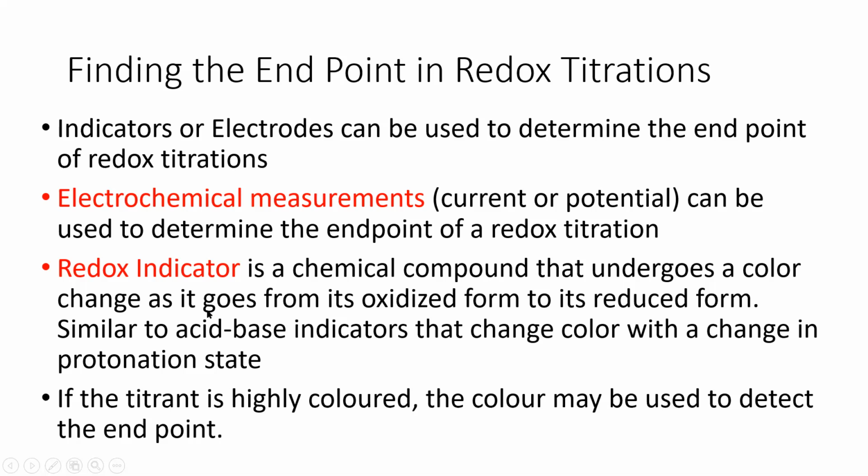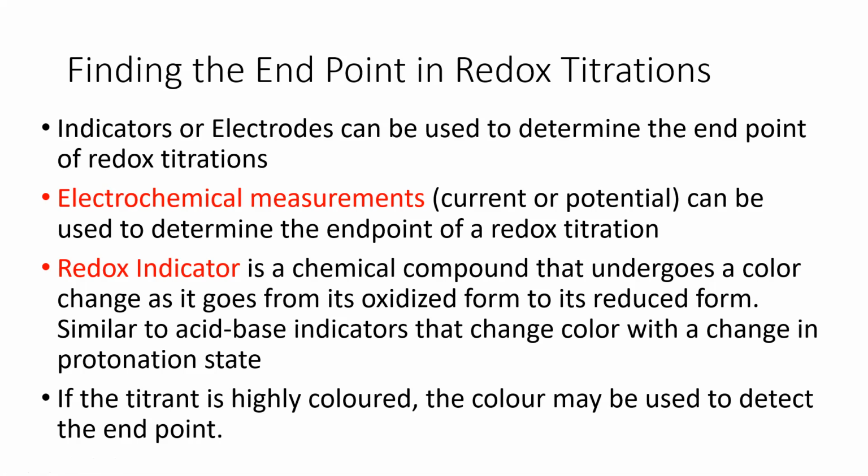So what are these redox indicators? They are chemical compounds that undergo a color change as they go from their oxidized form to their reduced form. It is very similar to acid-base indicators, where the color changes as protonation occurs on the indicator.